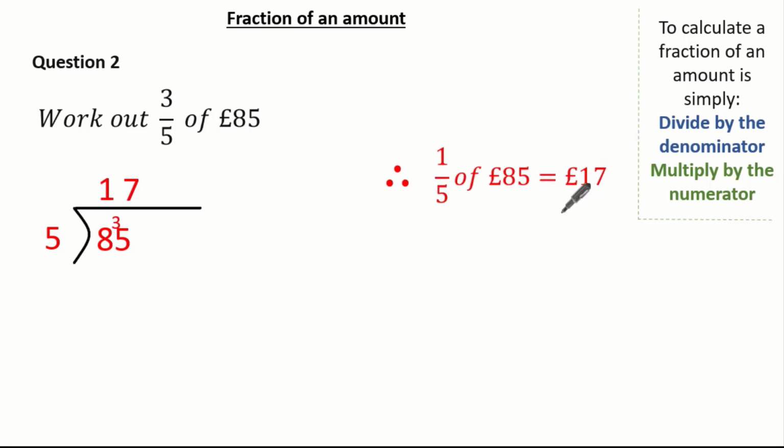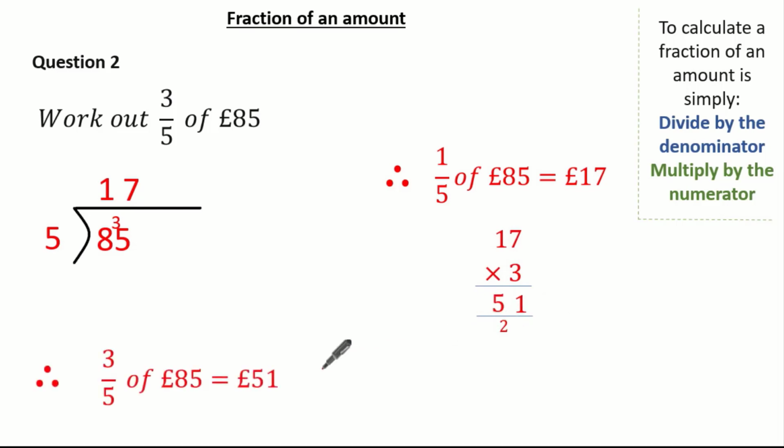But the question wants me to find 3/5. So now I multiply by the numerator. 17 multiplied by 3. Well, 3 times 7 is my 21, and 3 times 1 is 3. Add the 2 gives me 5. So therefore, 3/5 of £85 is simply £51.